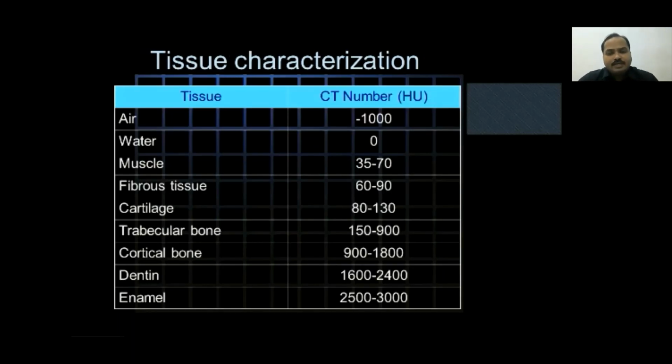With the help of the computer tomography machine, various Hounsfield units can be assigned to the structures which were imaged, like air, water, muscle, fibrous tissue, cartilage, bone, in which the trabecular bone, cortical bone, the dentine and enamel. These have been given various numbers.